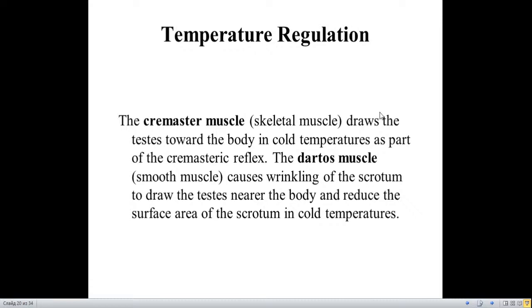Actually, there are two muscles, cremasteric muscle and dartos muscle. One of them is skeletal, another one is smooth muscle, and when they contract, they either pull testis closer to superficial inguinal ring, which has links with abdominal cavity, to be warm, or away from superficial inguinal ring in hot conditions.